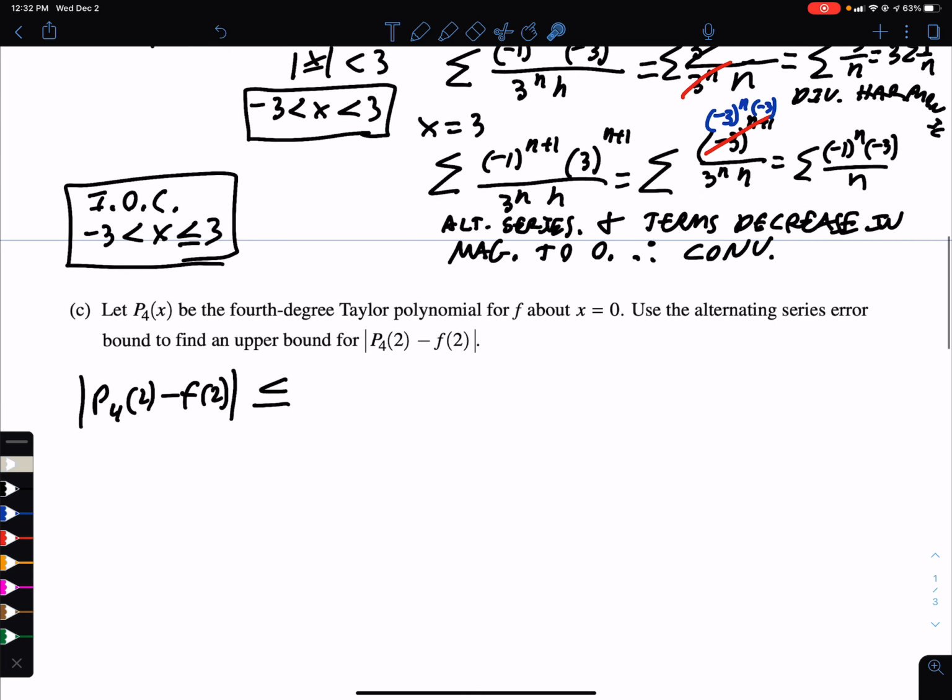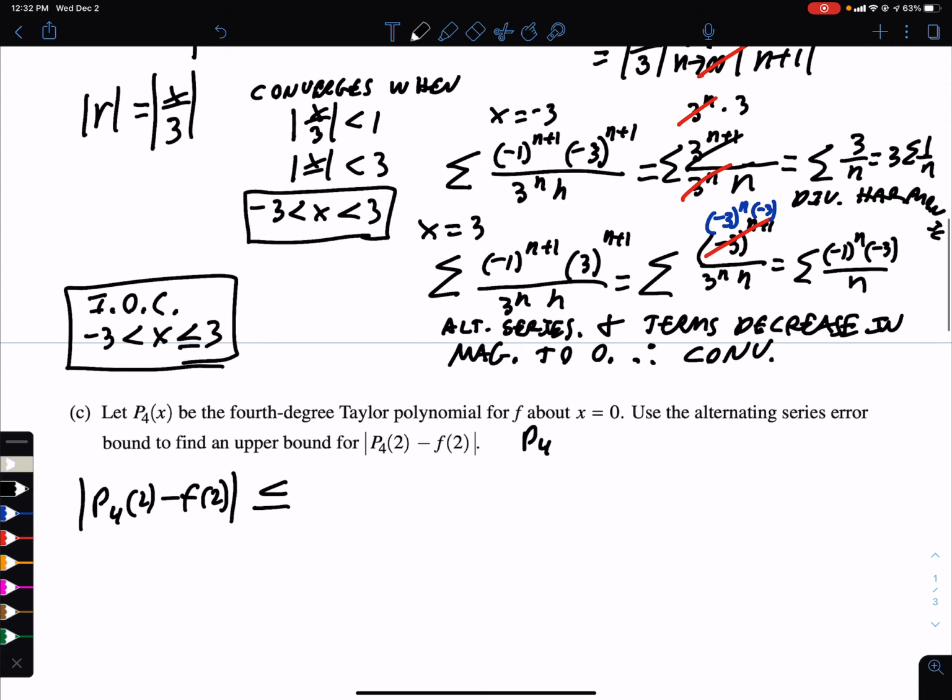So we should say, how should I state this?